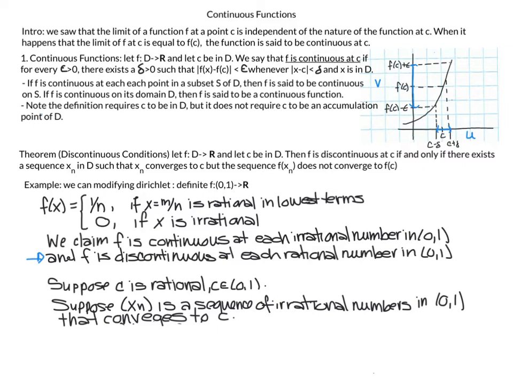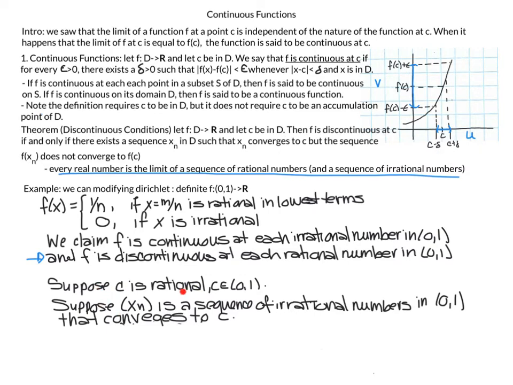So suppose C is a rational number in our interval 0 to 1, and suppose Xn is a sequence of irrational numbers in 0, 1 that converges to C. This statement comes from the fact that every real number is a limit of a sequence of irrational numbers, and also every real number is a limit of a sequence of rational numbers. I keep this statement close to this theorem so I can use it as needed.